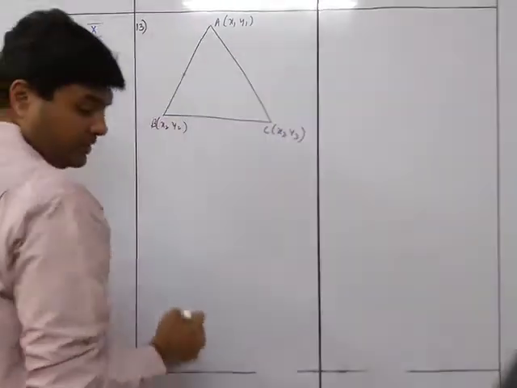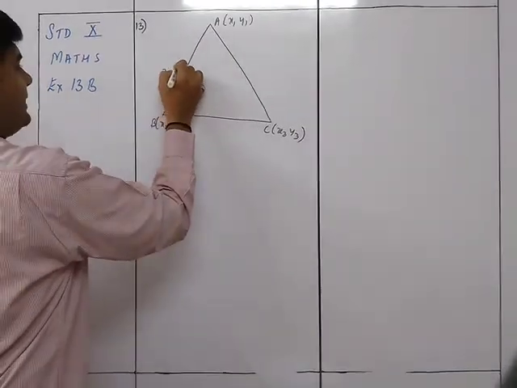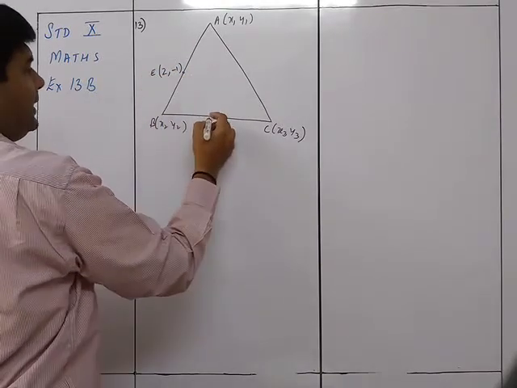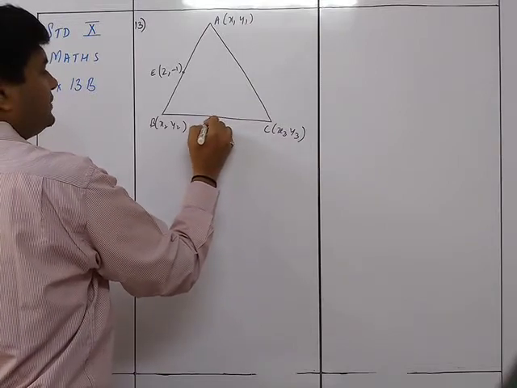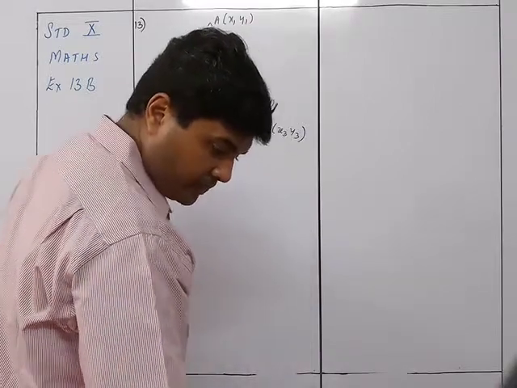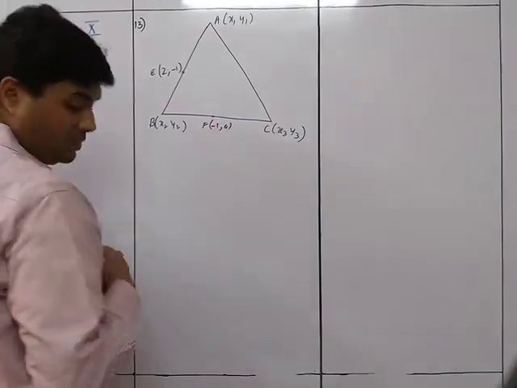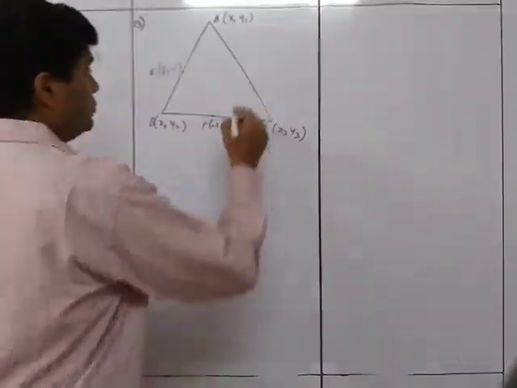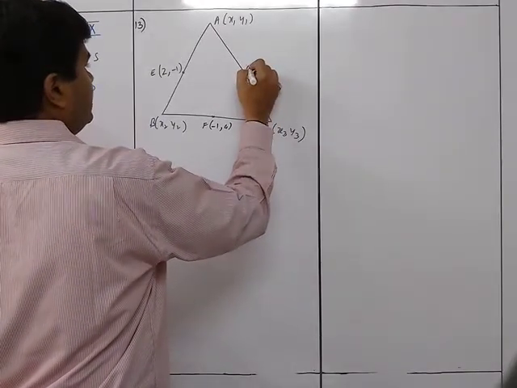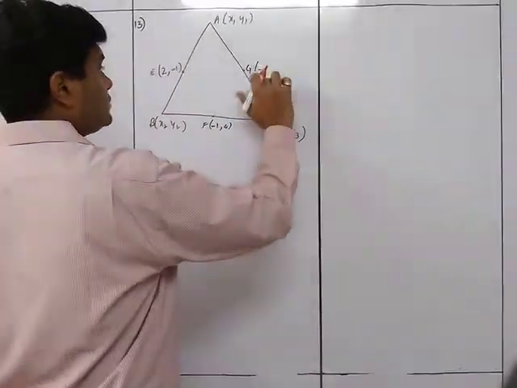They are given the points over here, that is 2 comma minus 1, let's take it as E, and we have F, which is minus 1 comma 4, and minus 2 comma 2 as G.